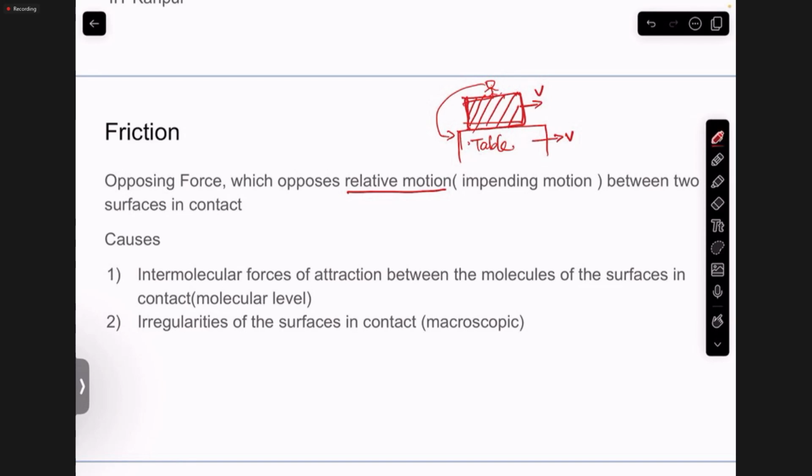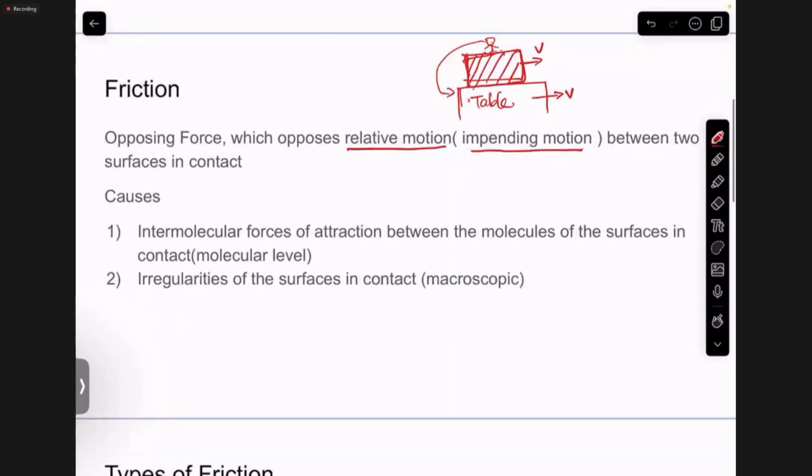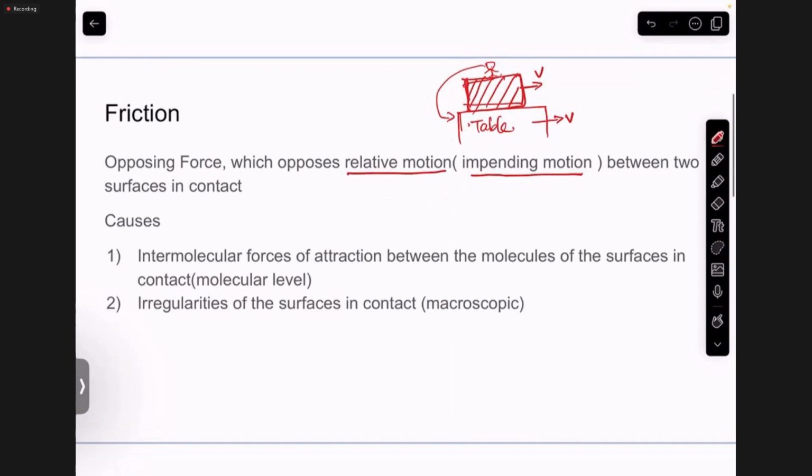Or if I'm saying another thing, impending motion. What is impending motion? There is a tendency to move. Okay, so we will discuss that in detail when we talk about types of friction. But just to say, for example, I am trying to push a block, but there is resistance offered by the surface.